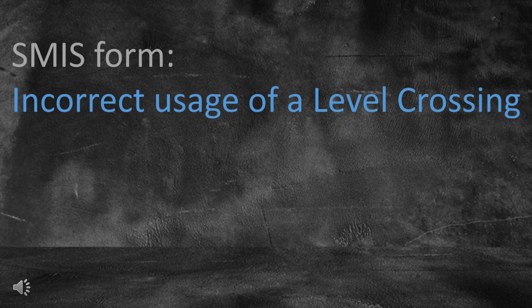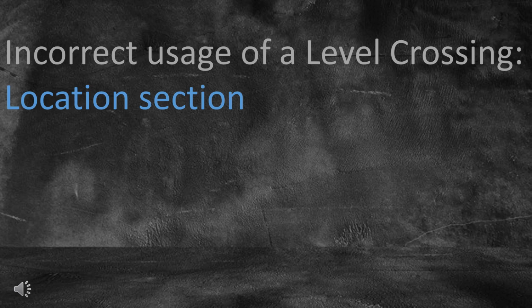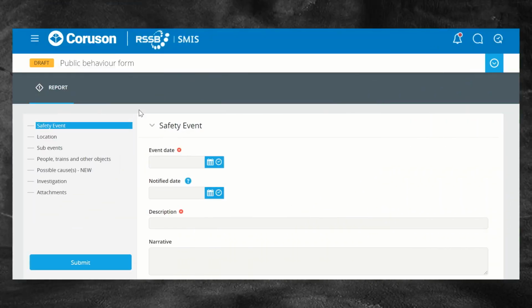Now that we understand what should be entered into SMIS on the level crossing misuse form, let's take a look at the sub-event on the public behaviour form. We'll start by looking at the public behaviour location section in relation to the level crossing misuse sub-event. So now we have opened the public behaviour form, and let's head over to the location section.